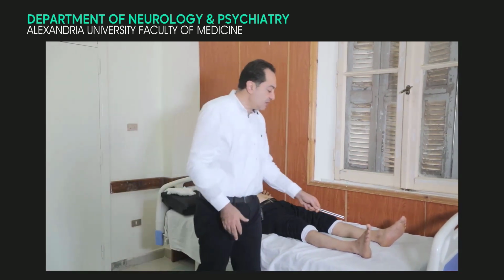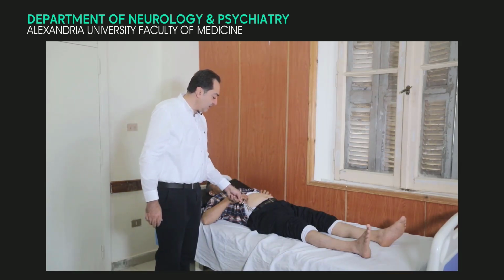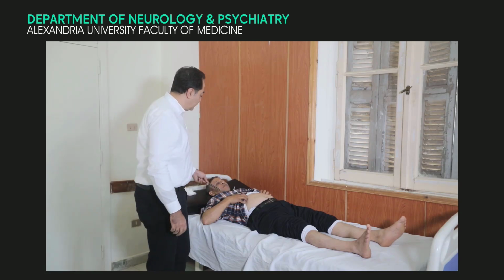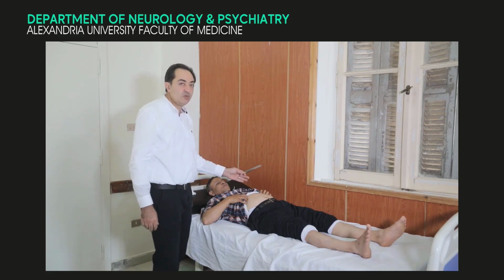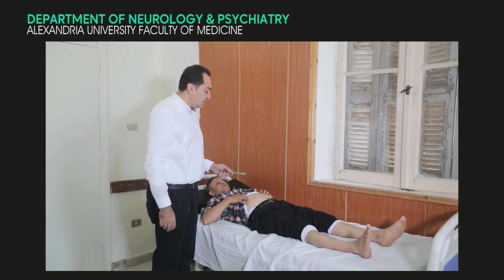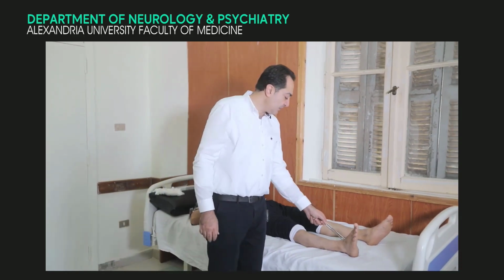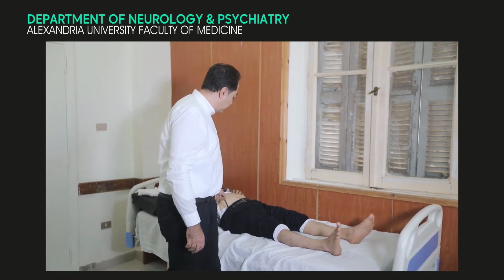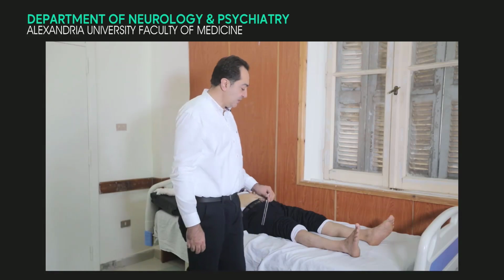If the patient doesn't feel here and doesn't feel at the anterior superior iliac spine, and he feels it on the ribs or on the clavicle, this is mostly a spinal cord lesion. But if he doesn't feel it here and can feel it at the anterior superior iliac spine, it's mostly a peripheral neuropathy.